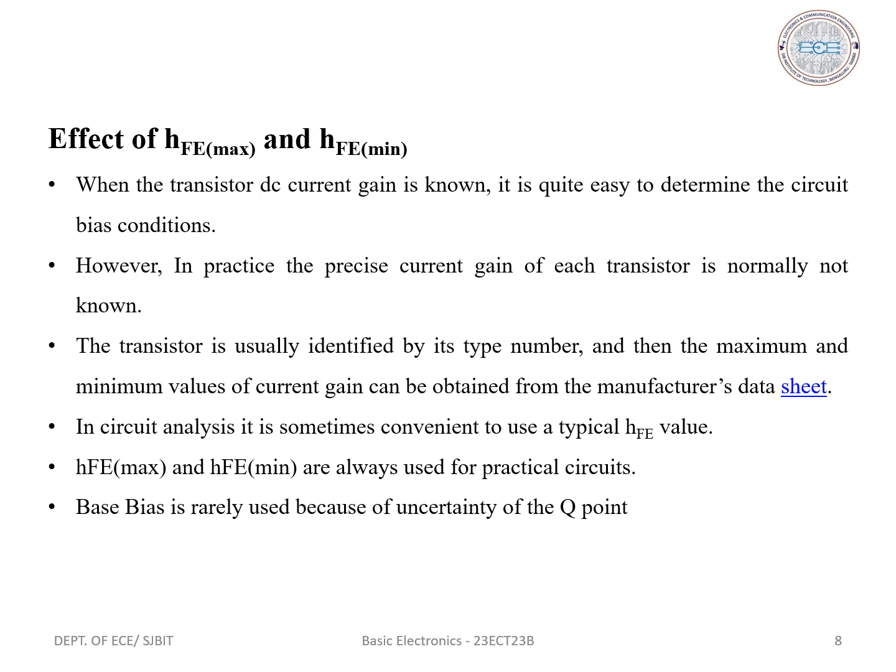Therefore, the transistor is usually identified by its type number, and then the maximum and minimum values of current gain can be obtained from the manufacturer's data sheet. Also in circuit analysis, it is sometimes convenient to use a typical HFE value. HFE maximum and HFE minimum are always used for practical circuits. Base bias is rarely used because of the uncertainty of the Q point.